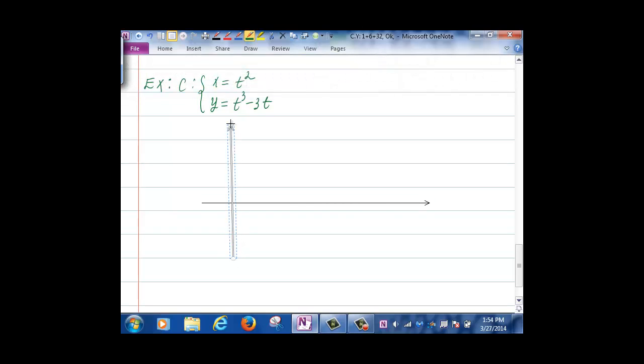Okay, so here's what we have. The graph was like this. This is t equals 0, and let's say this is t equals 3.